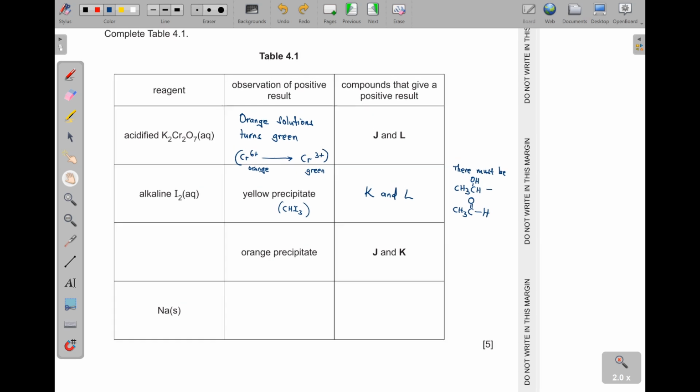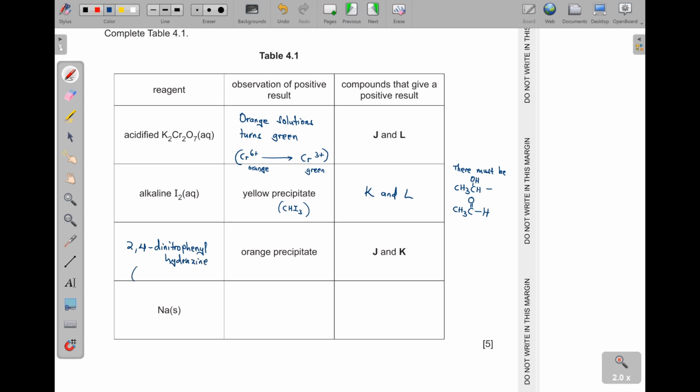So we write 2,4. Remember, when you are writing a letter and a number, you have to put a hyphen. So 2,4-dinitrophenylhydrazine.